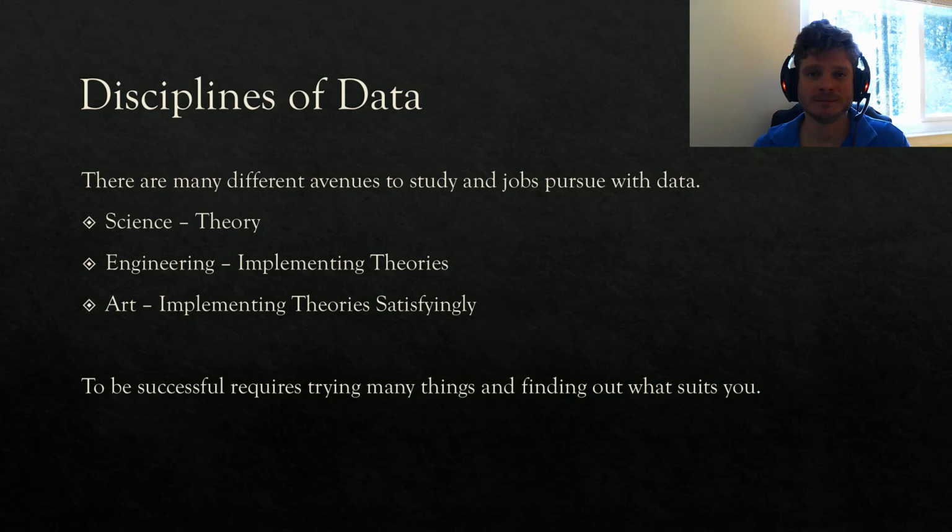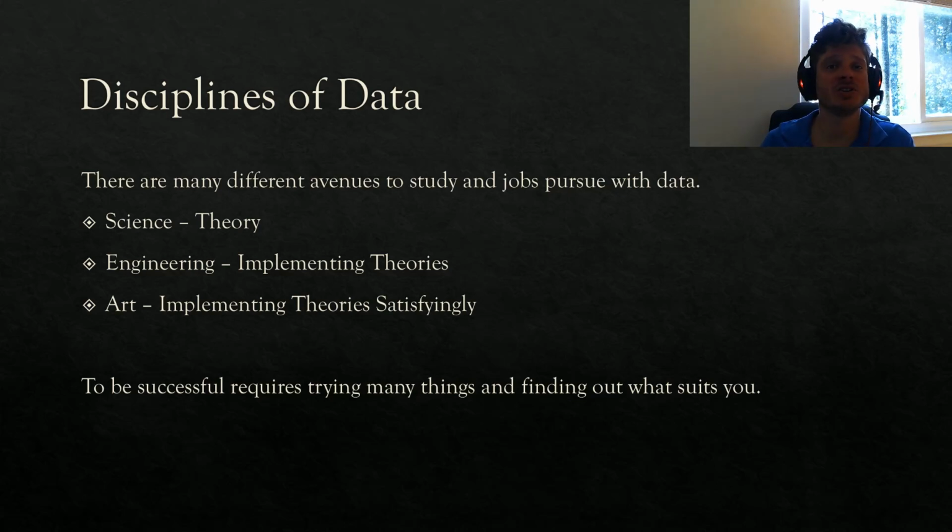And, well, to be successful at any of these things, we're going to have to try lots of different things out and find out what suits you. So, again, as you're thinking this through, keep in the back of your mind, what do I want to do with this degree? What would be a field that I'm passionate about? Where can I work in the machine learning field? Because, again, almost any company is going to do machine learning. What kind of company would I want to work for?